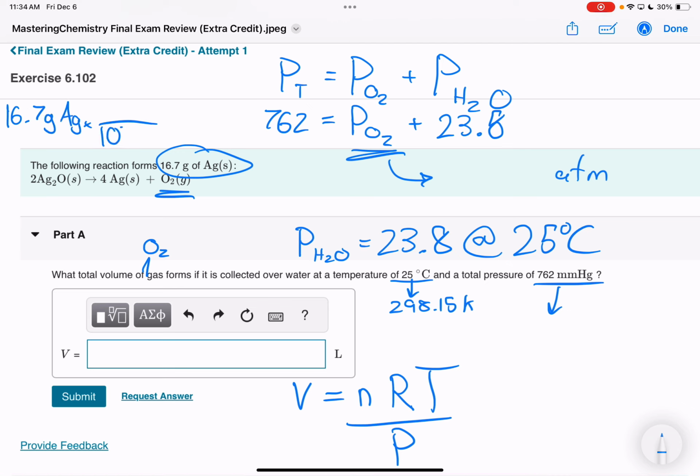Okay, I think the molar mass of silver is 107 something. I'm sure there's an app I could download that just has a nice periodic table that I can zoom in on.